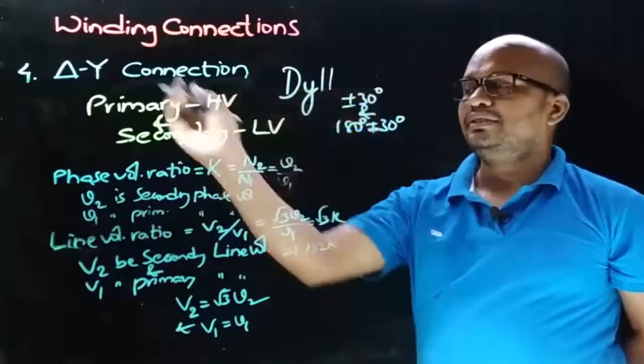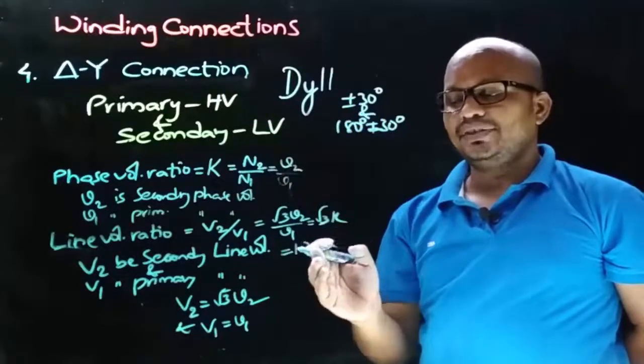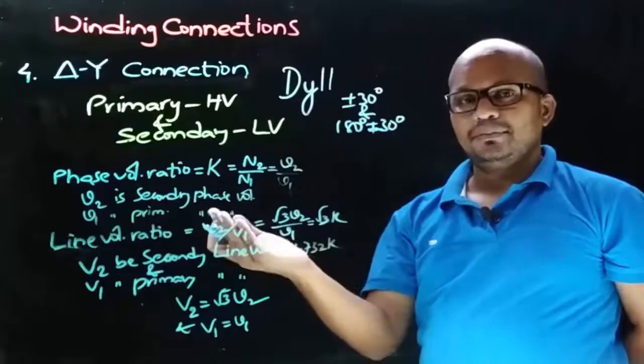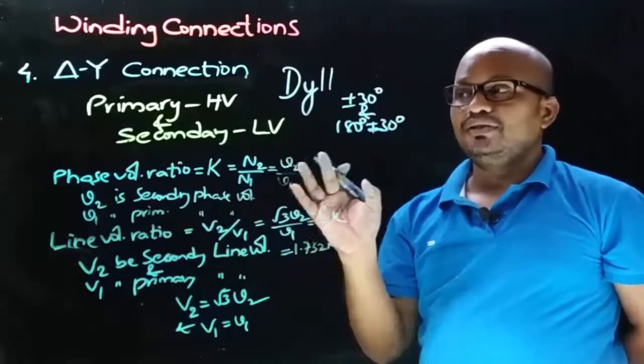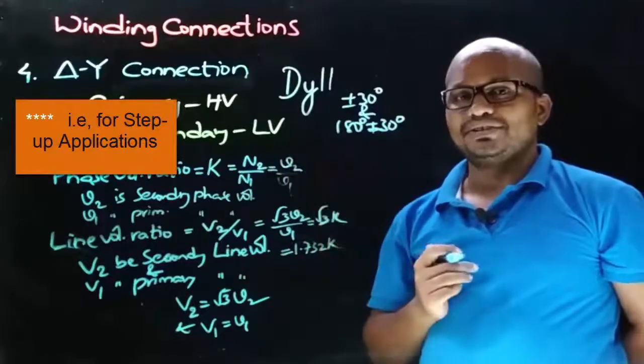In simple terms, delta star connection can provide more voltage than the primary side line voltage. Therefore delta star connection is used for high voltage applications.